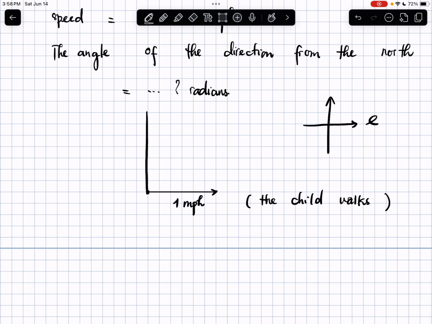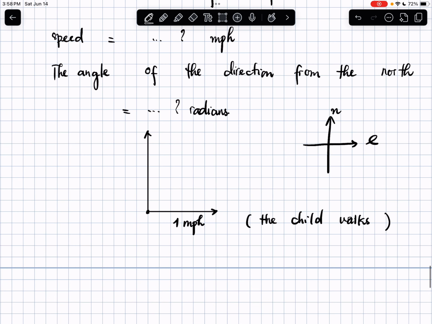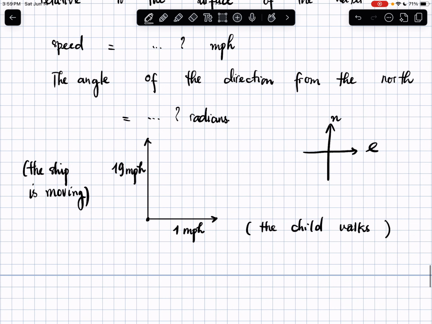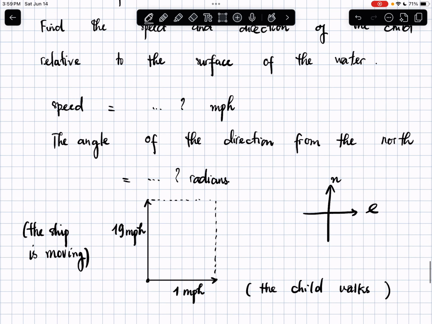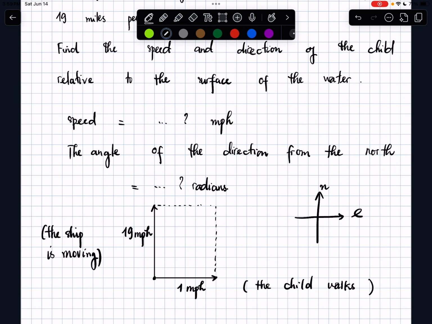So the ship is moving north 19 miles per hour. Then we have the direction of the child moving relative to the surface of the water is this vector.